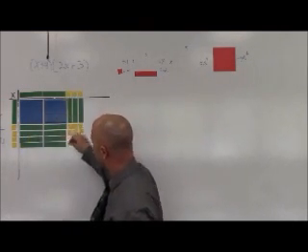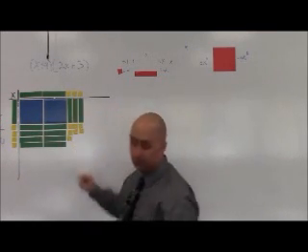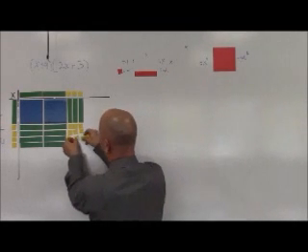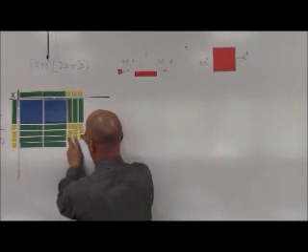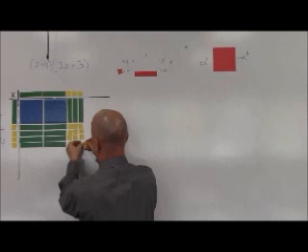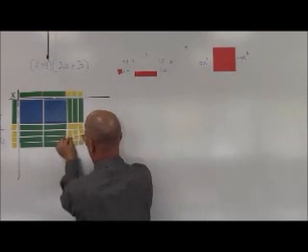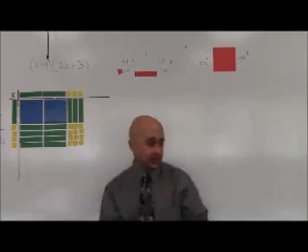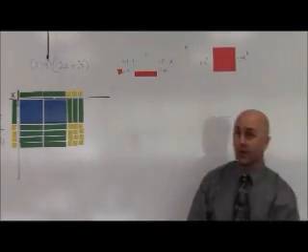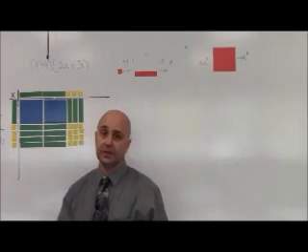This one by that one is 1. This one by that one would be 1. Okay, now I've completed the rectangle.